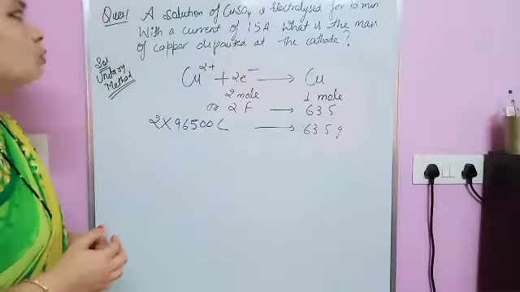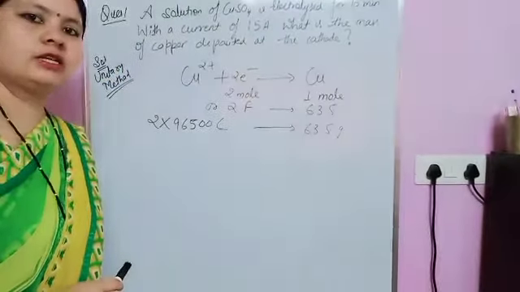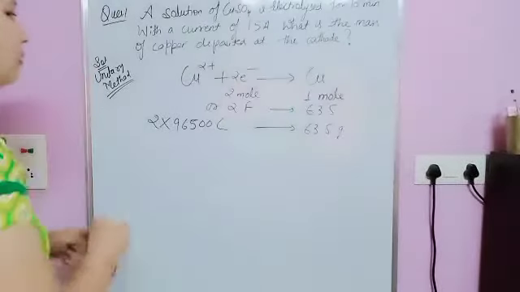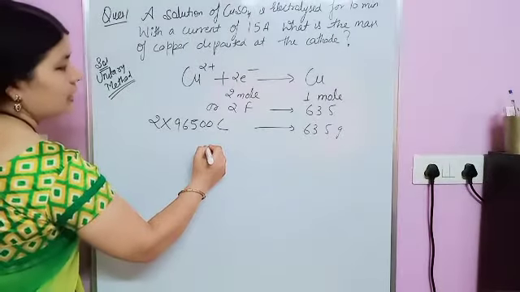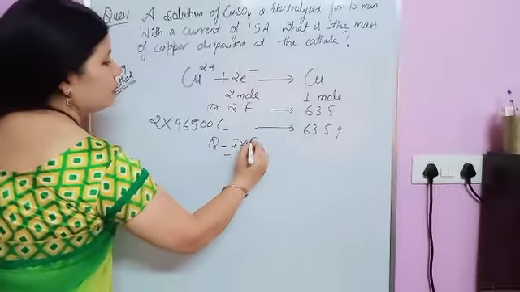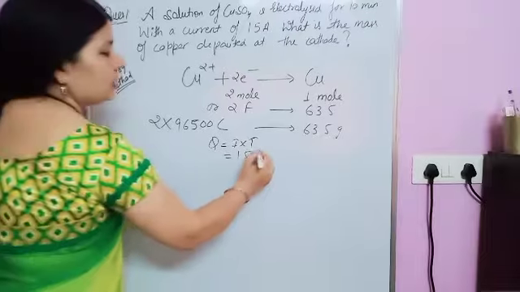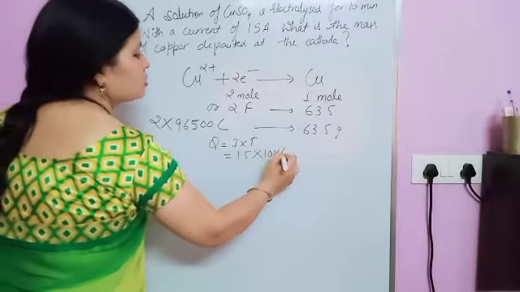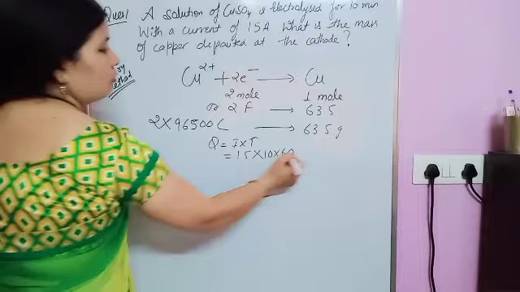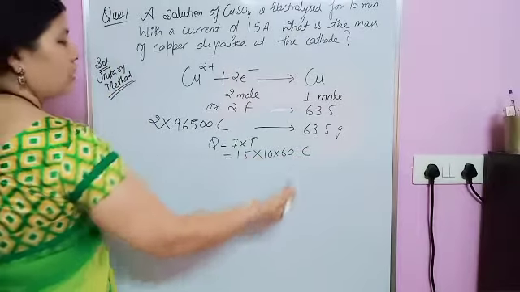So what about when this much amount of current is provided? How to calculate the current, how much current do we have to provide? For that we have the formula Q is equal to I into T. I is given to you, that is 1.5, and T is 10 into 60, converted into seconds. For this value you have to calculate the mass.